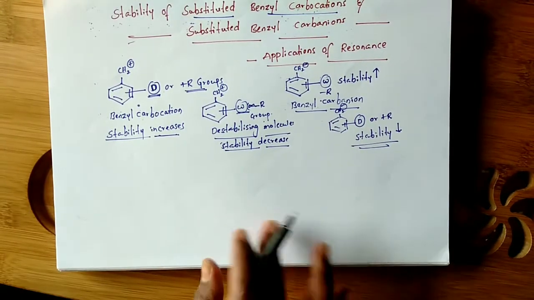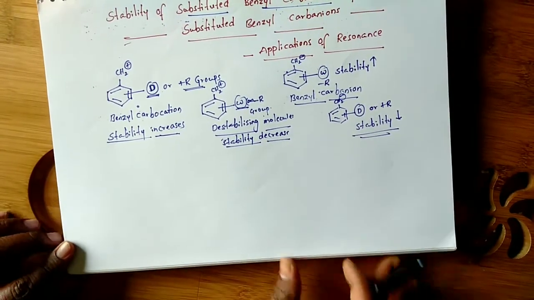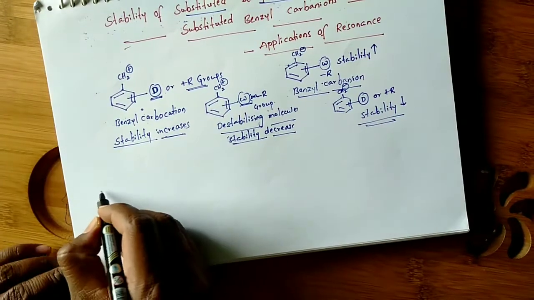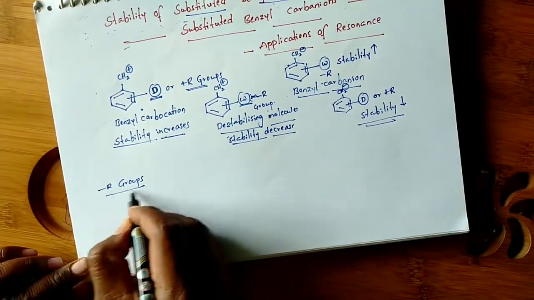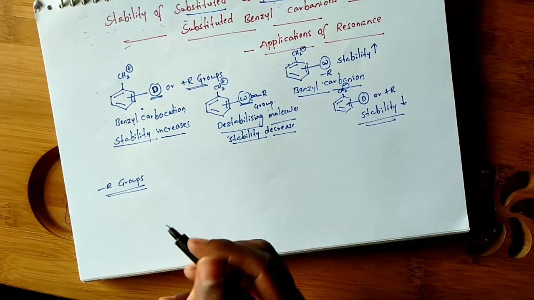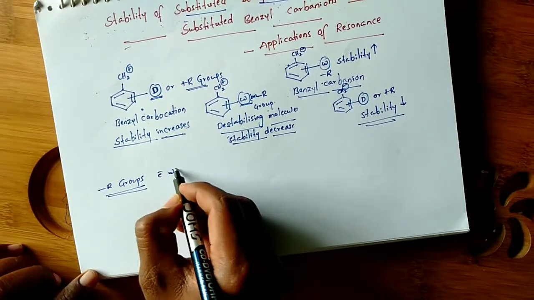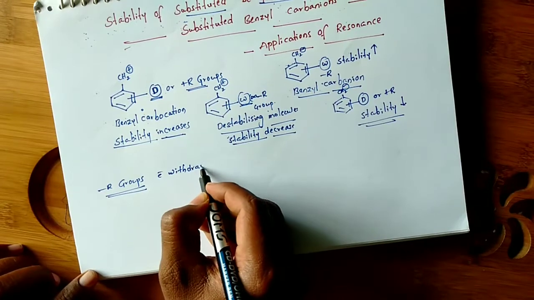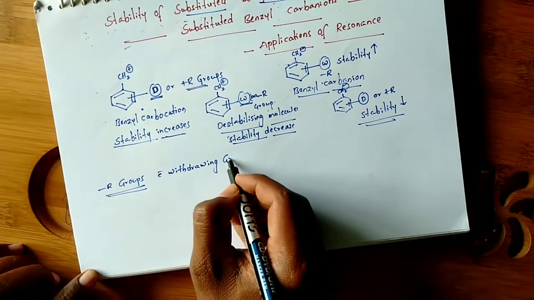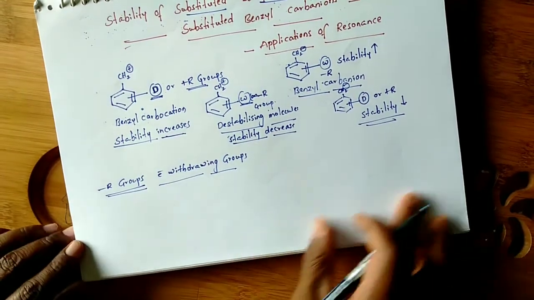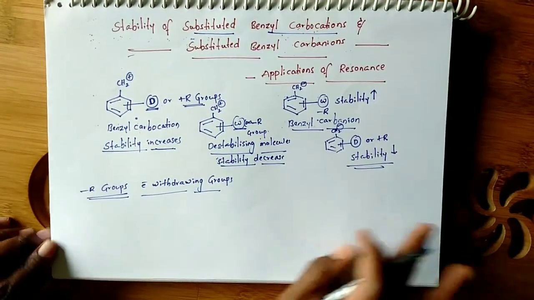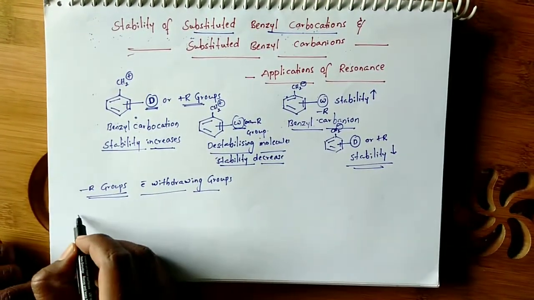Now, what are plus R groups and what are minus R groups? Let us see. Generally, minus R groups are electron withdrawing groups. What kind of groups act as minus R groups? Here I am giving some groups.